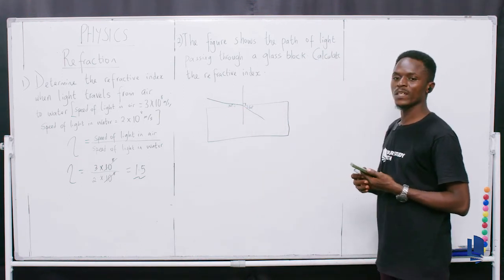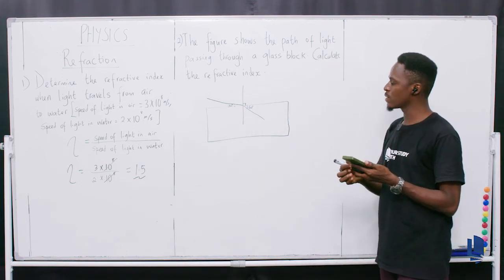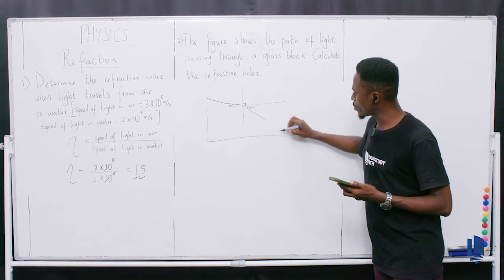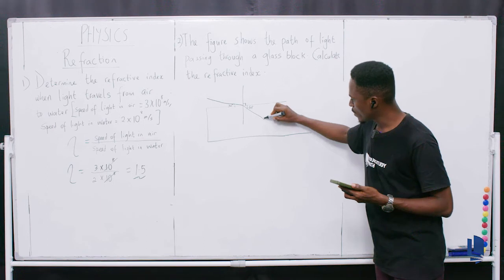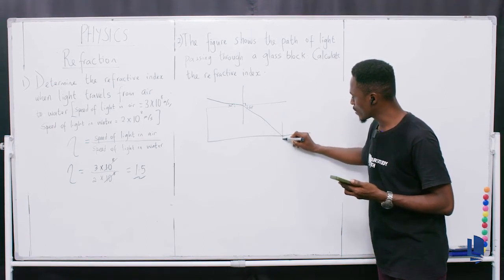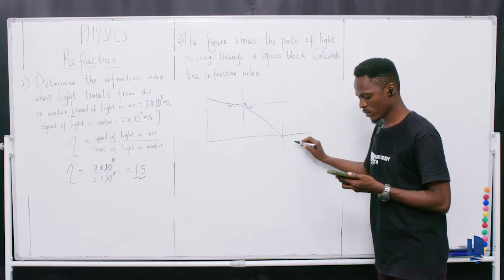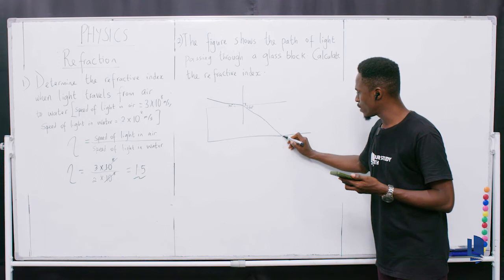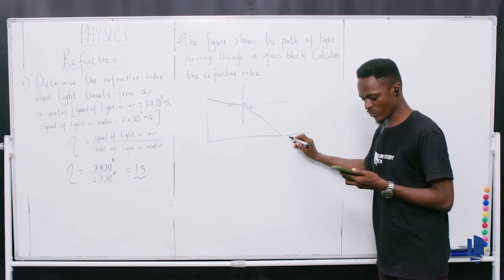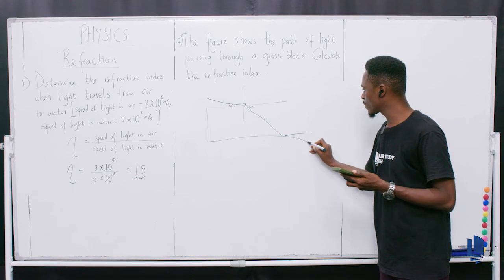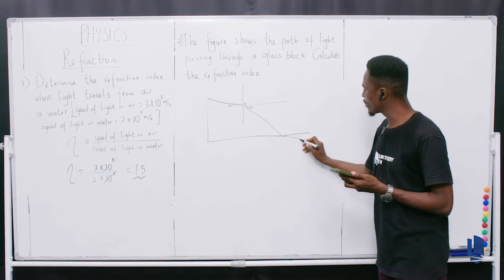Now, having something like this, as easy as it is, we have an extension such that it is hitting the glass and it is moving this way.